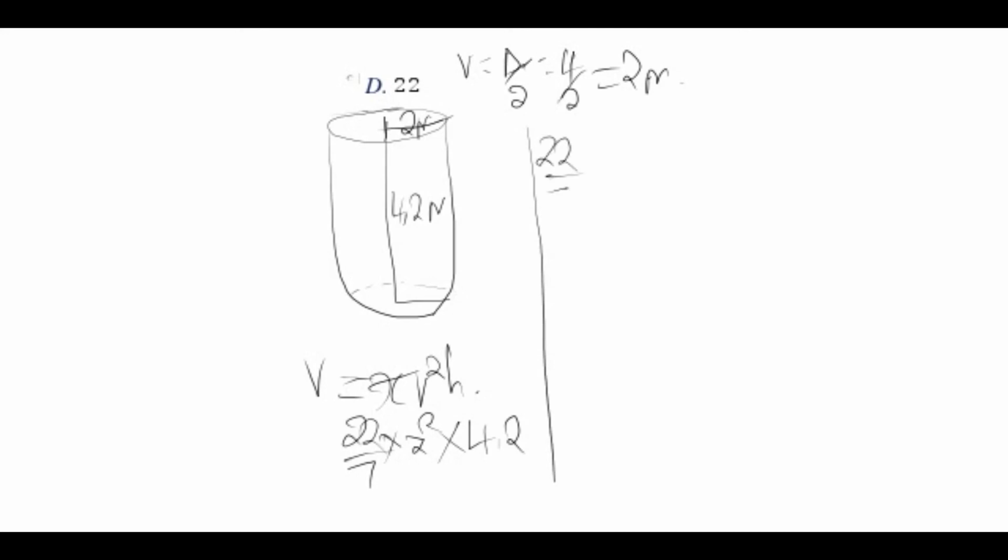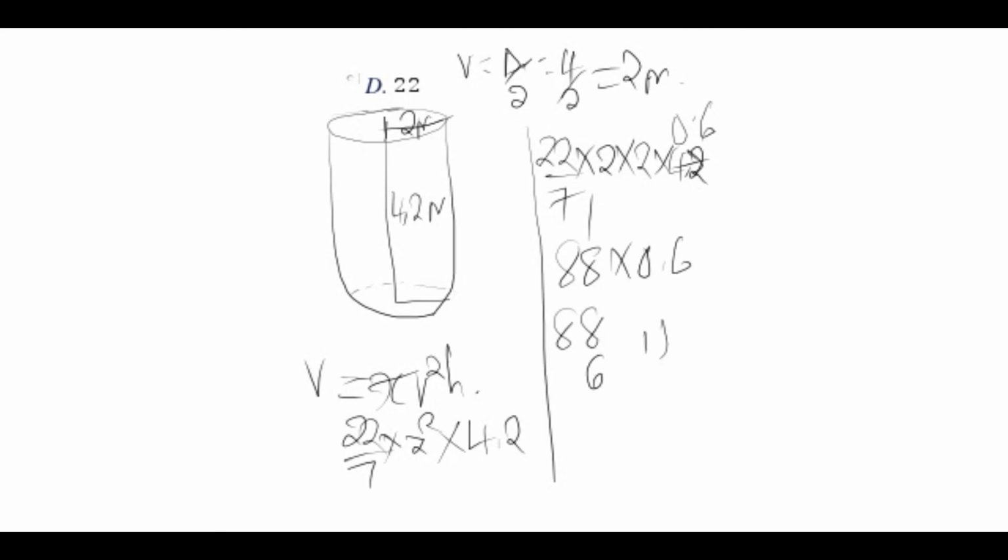So we have 22 over 7 times 2 times 2 times 4.2. By 7 is 1, by 7 is 0, this is 0.6. Then we have 22 times 2 is 44 times 2 is 88. So we have 88 multiplied by 0.6. We multiply 88 by 6, and we know that we have 1 decimal place because it was 0.6.